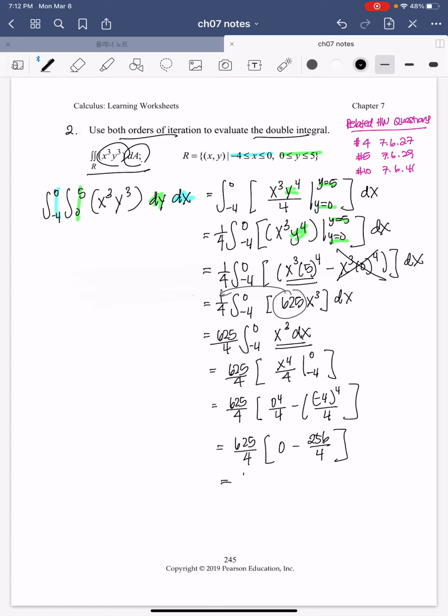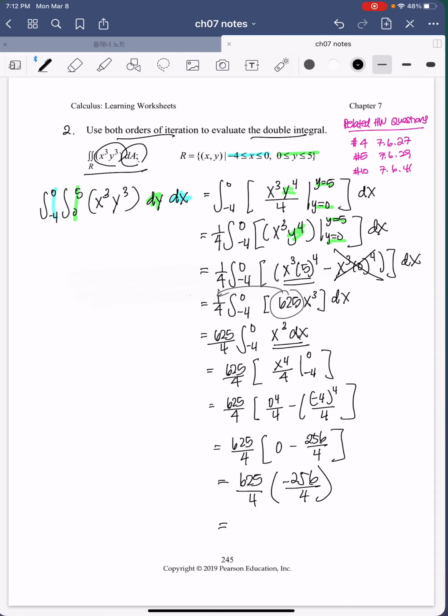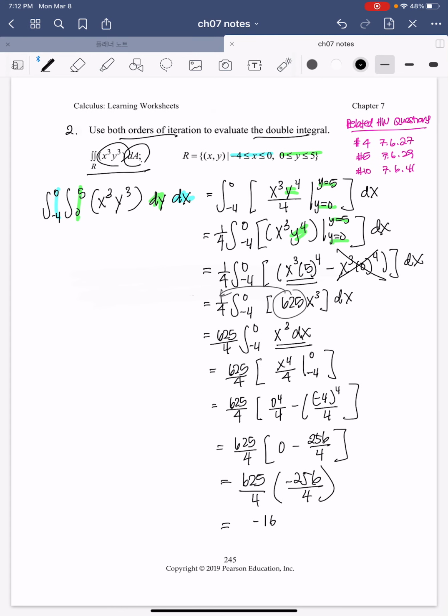So this really is 625/4 times -256/4. So let's multiply this. 625 times -256, that's -160,000 divided by 16. So I'm going to have -10,000 as a final answer.